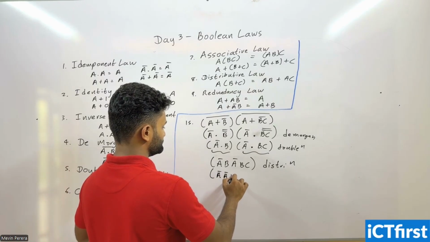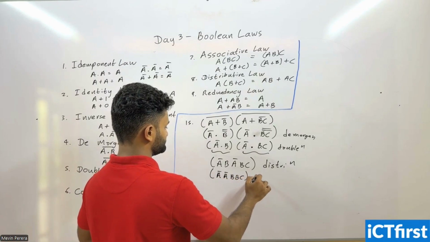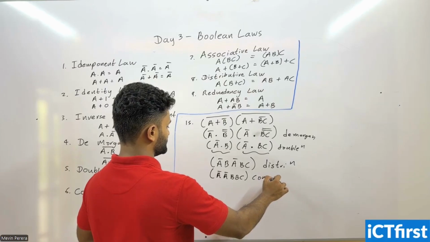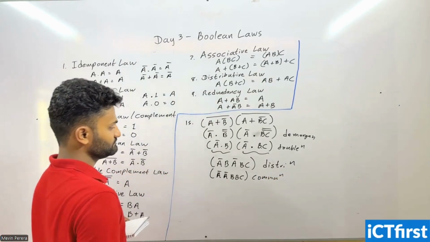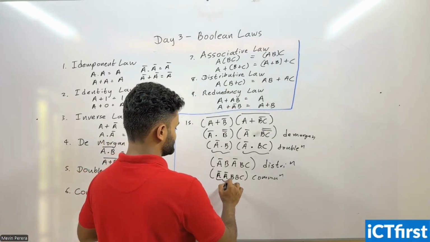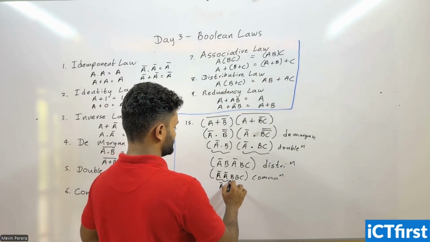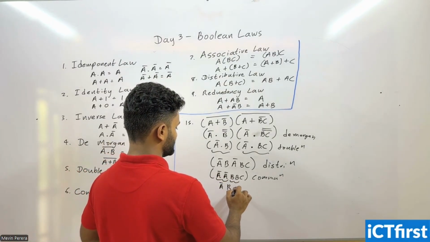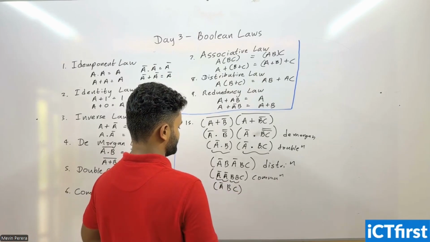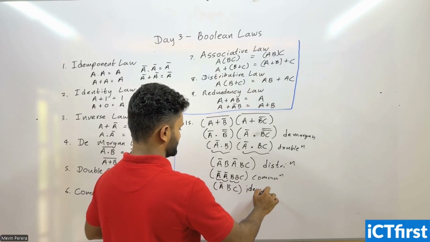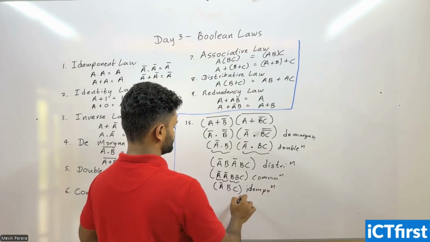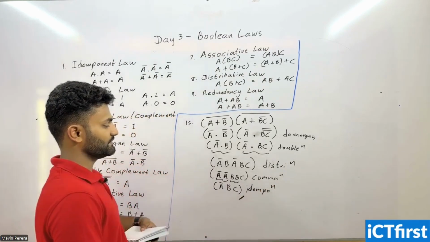A bar B B C. That is called the commutative law. This one would be A bar, this one would be B, and then we got C. So the law is idempotent law. Final answer is A bar B C.